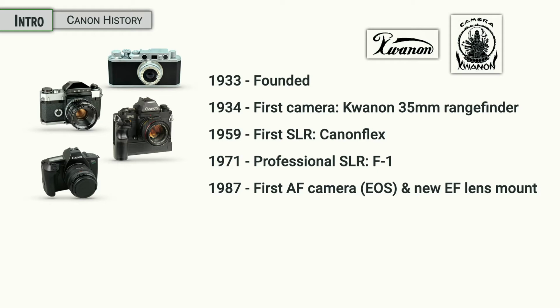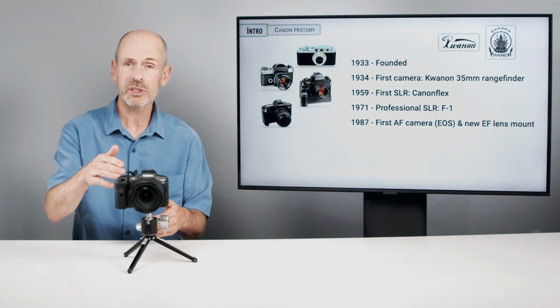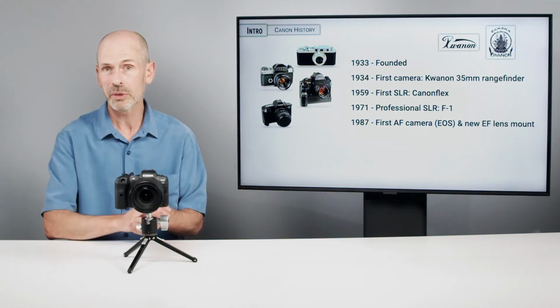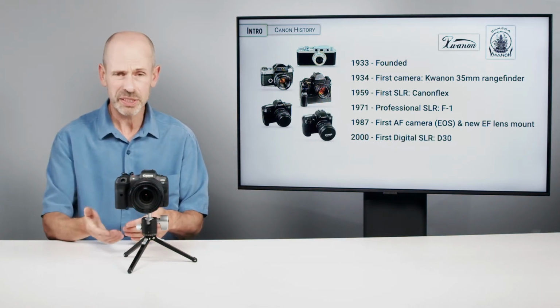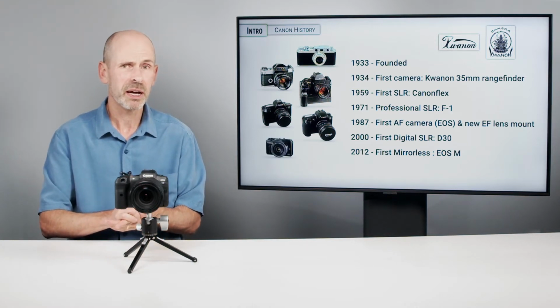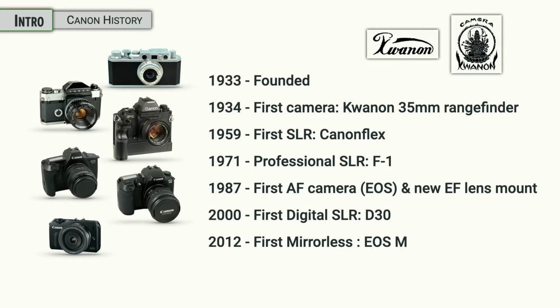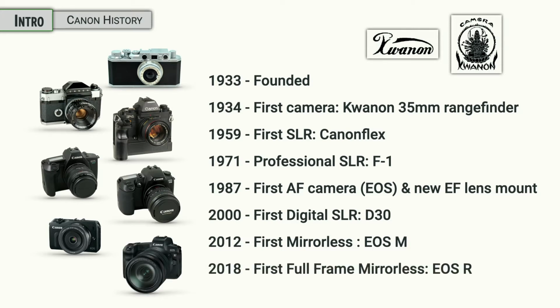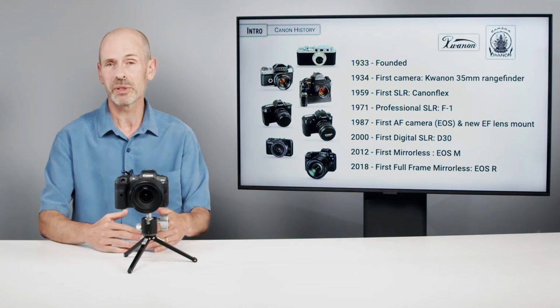And that EF lens mount that they had on that camera, well, those lenses will actually work on this camera very, very well with the correct adapter. They went digital in 2000 with the 3-megapixel D30. They brought out a mirrorless camera in 2012, but it's a cropped frame mirrorless, and then they went full frame mirrorless in 2018, and then they started putting all of their efforts, it looks like, into this new mirrorless market.